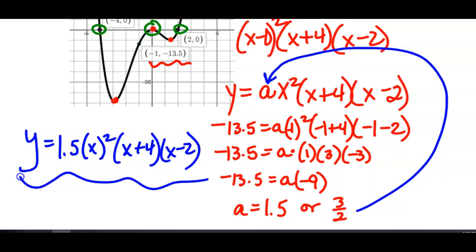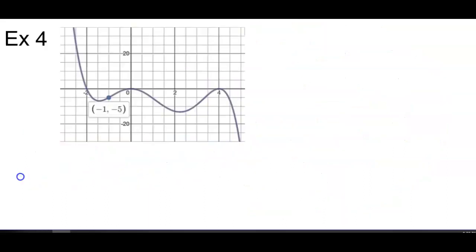All right, one last example. What do you want to guess here? It's got a 0 at negative 2, a bounce here, and a 0 at 4, but that's also bouncing. So there's our factors.